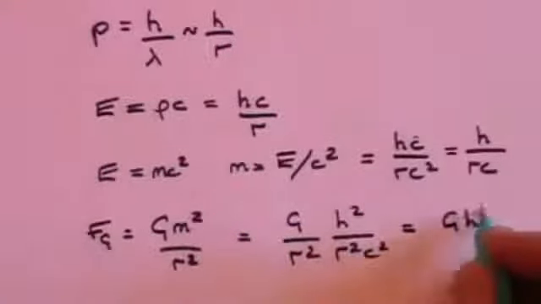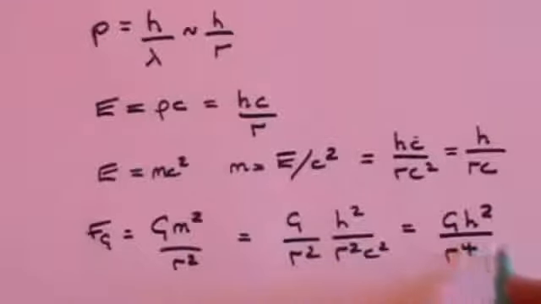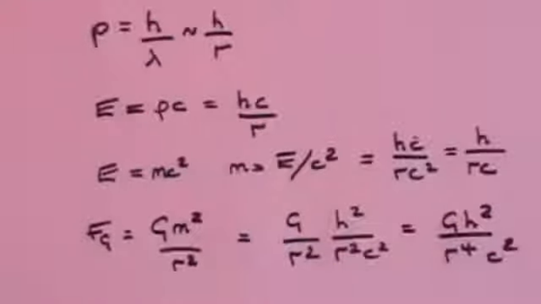That's Gh squared divided by r to the fourth c squared. So now I've got a force expressed in these terms, where c is the speed of light.